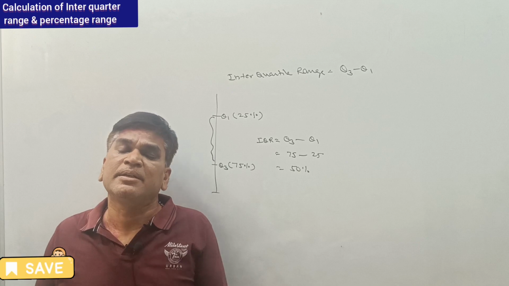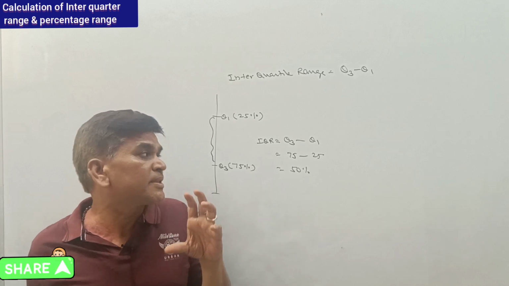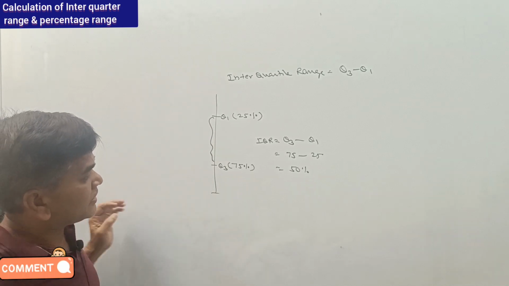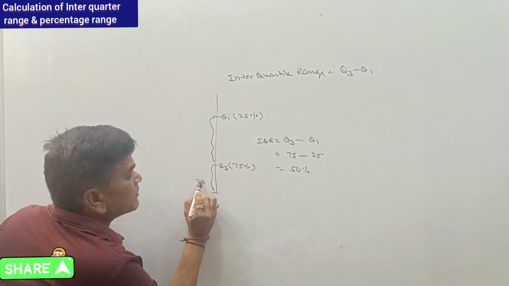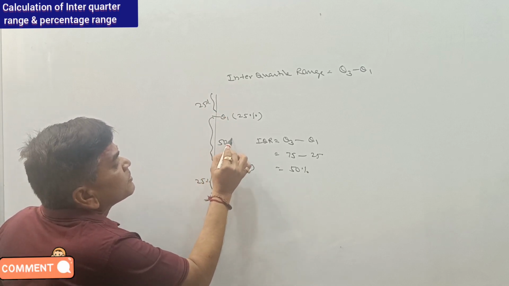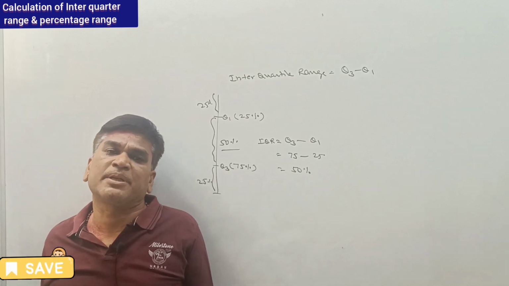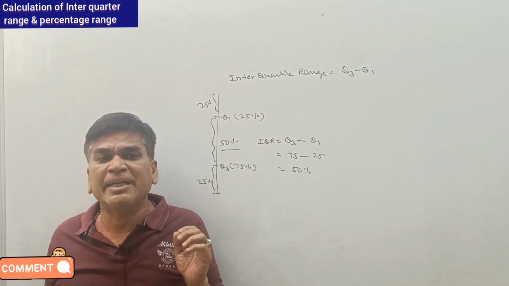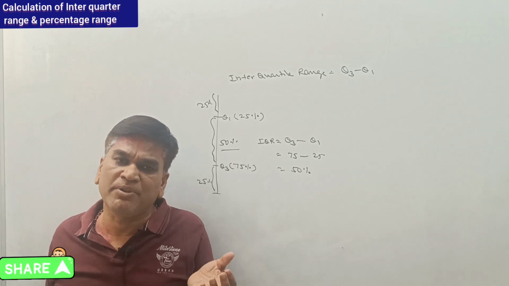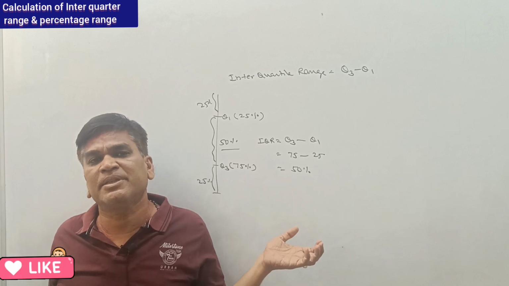To calculate the dispersion of the middle 50%, in Q1 25% is left out, and in Q3 the other 25% is left out. So for the dispersion of the middle 50% of data, we calculate the interquartile range. It's an extension of the range method, which we have already gone through.